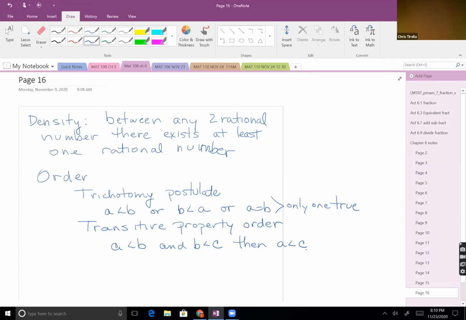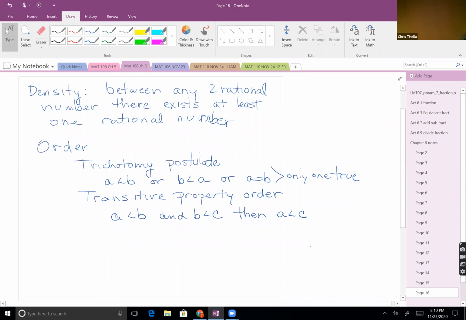So lots and lots of properties. And you'll find that many of those properties of rational numbers can be used to develop pretty much anything with math at any level.